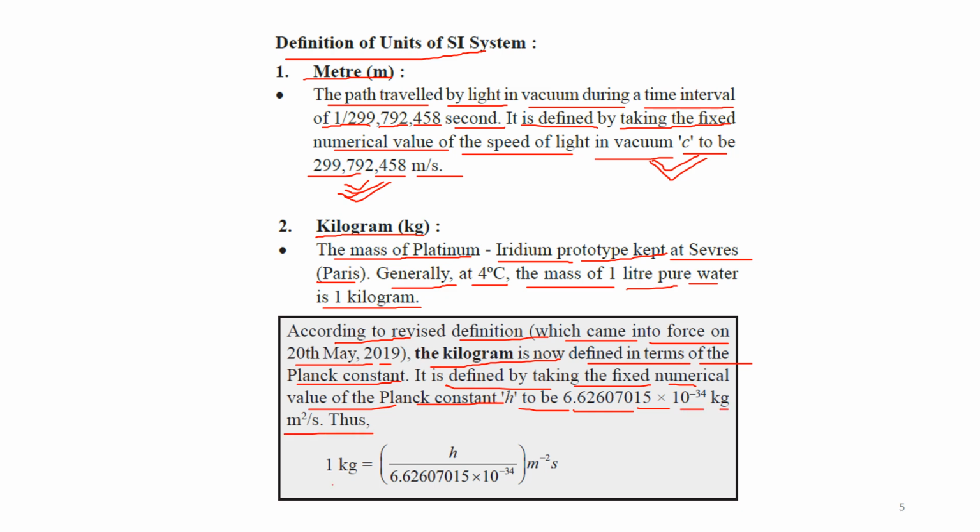So 1 kg is defined as h divided by 6.62607015 times 10⁻³⁴ meter to the power minus 2 second. Nobody is going to ask, but if you want to know the definition, just remember these things.